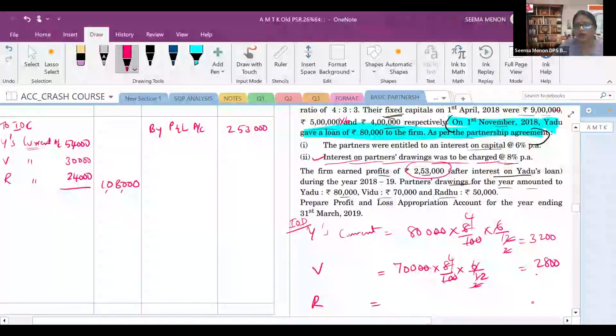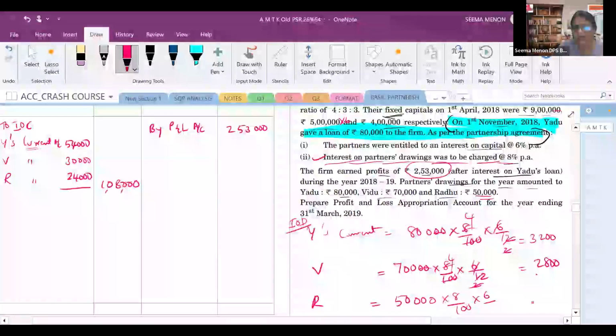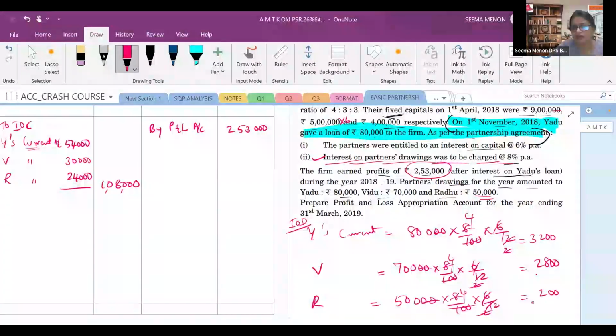Radhu's withdrawal is 50,000. So 8 by 100. Date is not mentioned there also. So solve it, 4, then 5 4s are 200. That is 2,000.